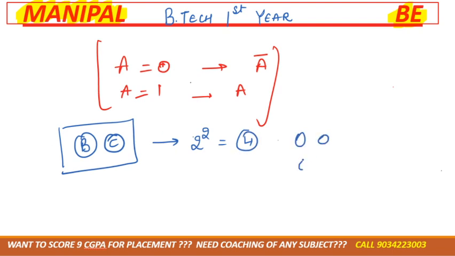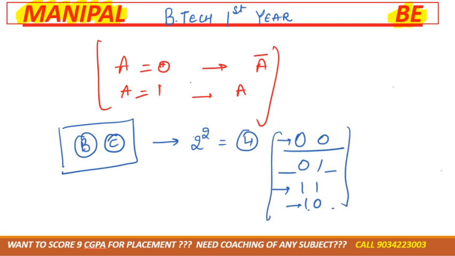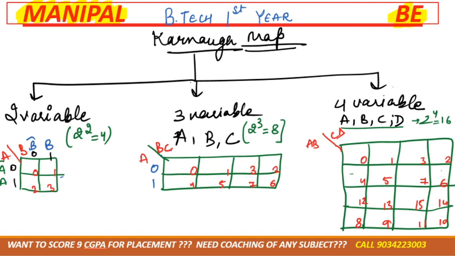It would be 00, 01, 11, 10. Both can be off, one off and one on, both on, one on and then off. Is there any other possible combination? No. So in this case also 00, 01, 11, 10. The sequence is the same. Remember the sequence, you can't change it. Got it?